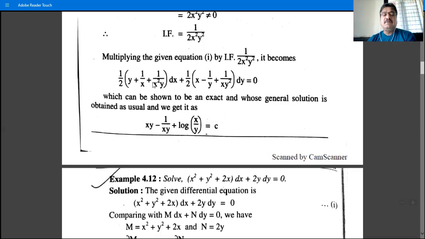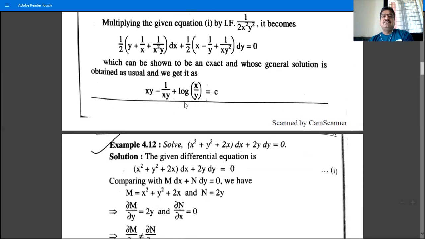So we have yx log x, yx plus log x, minus 1 by x into y, and this is minus 1/2 log y, and then we have this answer. Okay, so log x minus log y, take 1/2 shift the 1/2 to RHS, is equal to constant of integration, suppose c1, and then 2c1 as c. So we have log x minus log y is log x by y. So we have this answer.